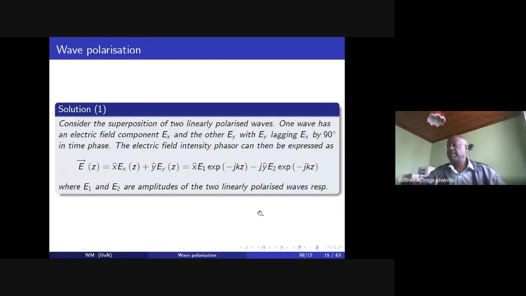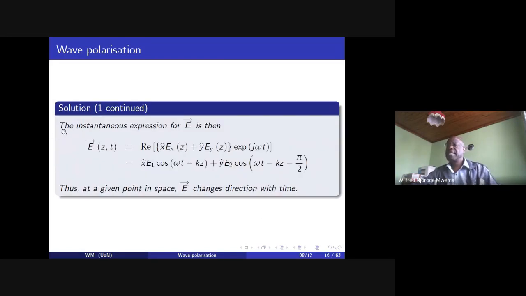Once we have that, the instantaneous expression for E is given by its phasor value multiplied by the exponent of J omega t, and we take the real part thereof. The X component will have E1 cos(omega t minus Kz) plus J E2 cos(omega t minus Kz minus pi by 2), as we had before.